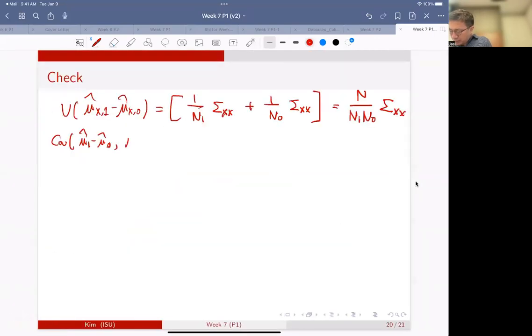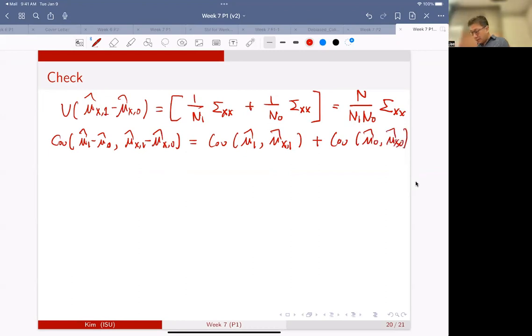And mu hat x1, mu hat x0. Because this is independent, I mean uncorrelated.